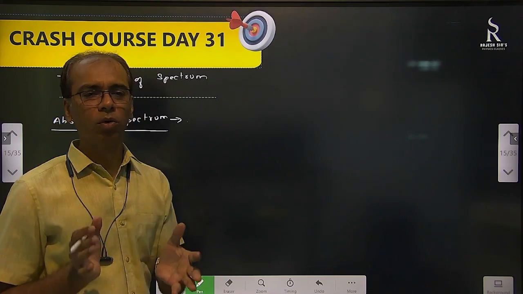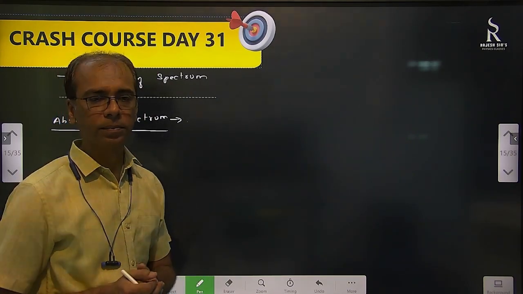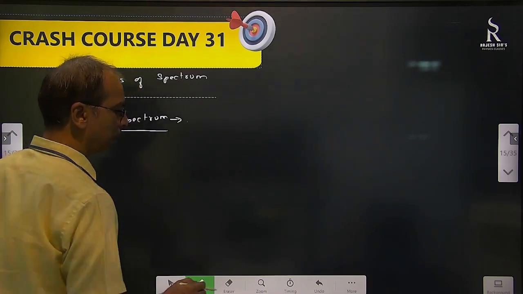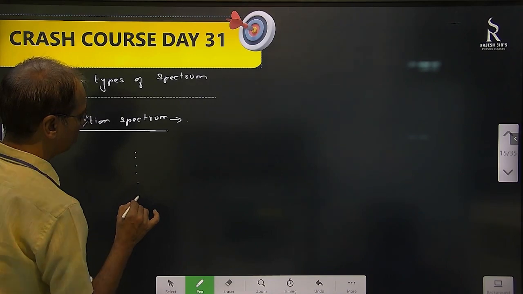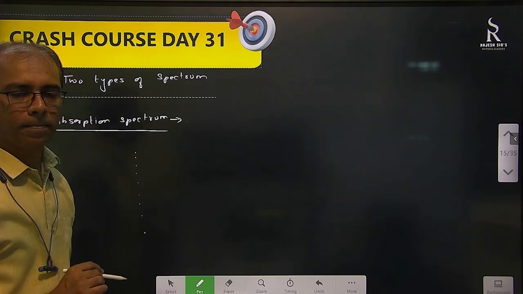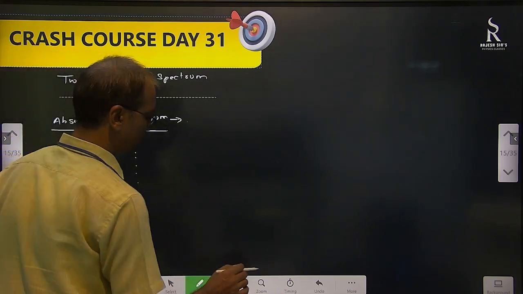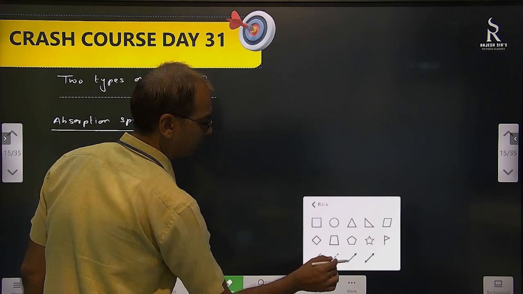Radiations means known radiations, or you can say that certain photons are coming. The photons are bombarded from this side. These are photons of all possible kinds of energy. I'll show it with arrows.